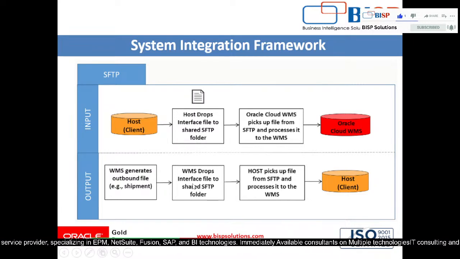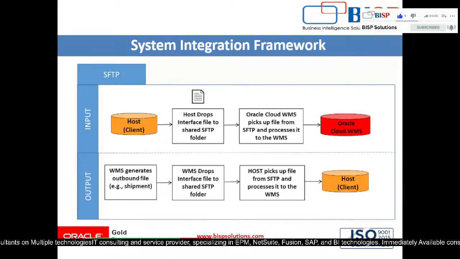And the next step, our WMS cloud drops the interface file to the shared SFTP folder. Now at the end, our host and our client pick up the file from the SFTP folder and process it, right? So this is the way the system integration framework will work in our WMS cloud, right?